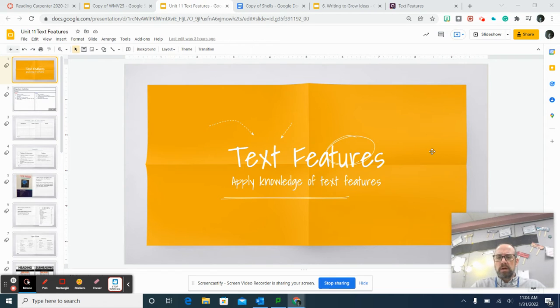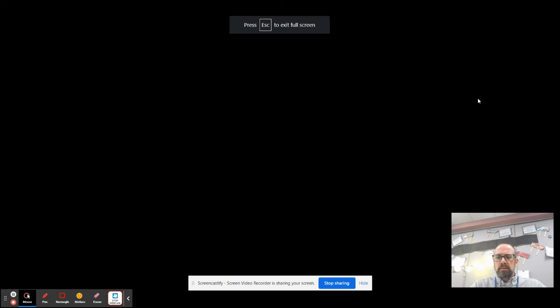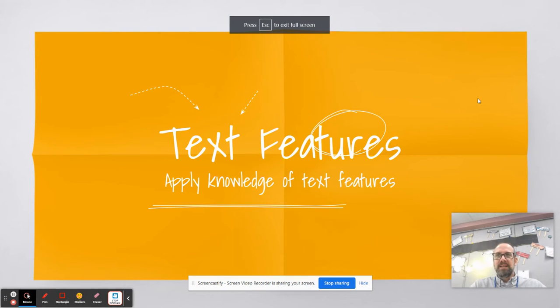If you remember our example earlier in the month, the text structures are the wood building. It's the foundation, the concrete foundation, the frame of the house. It's what everything else is built around. And the features are the things that flesh it out, that give it more meaning, that give it more interest.